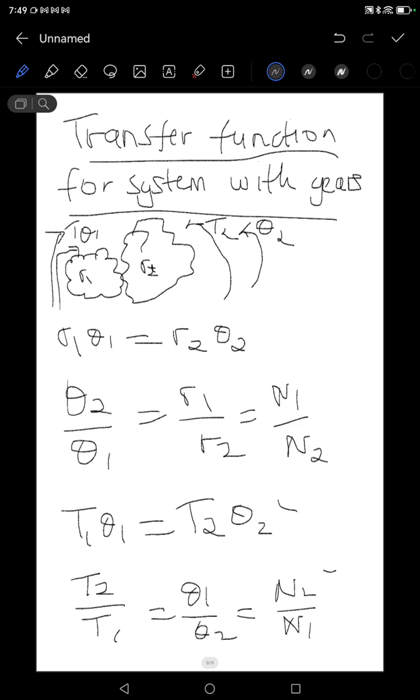Okay, so now let's say we have this example. Another thing on the figure, the gear is going to be represented like this. Let's say we have gears. This one is gear 1, and this one is gear 2, with number of teeth N1 and N2. So the gears are represented like this. This is the symbol for gears in a figure.